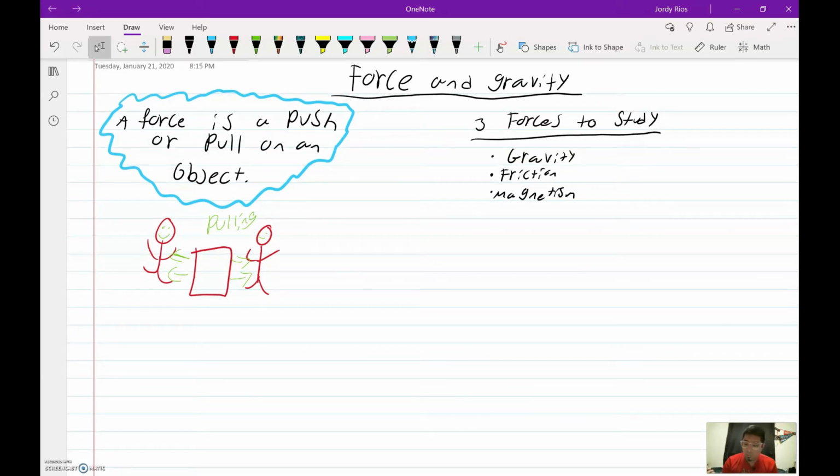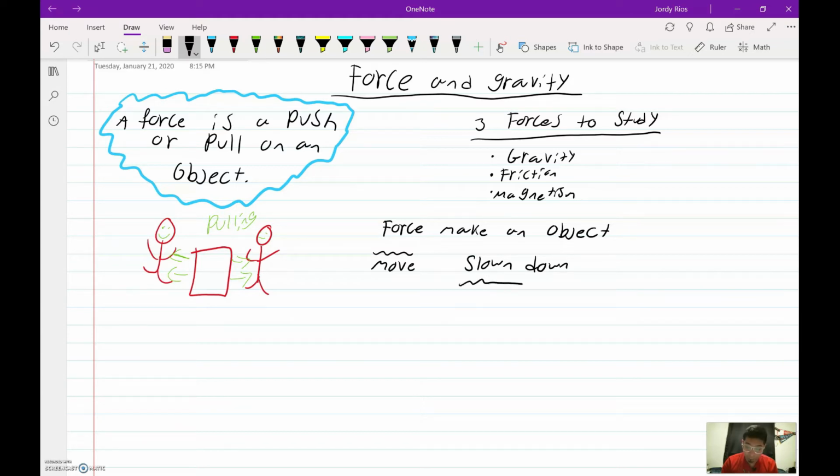Now, when we talk about force on an object, a force can make an object move, slow down, or stop.